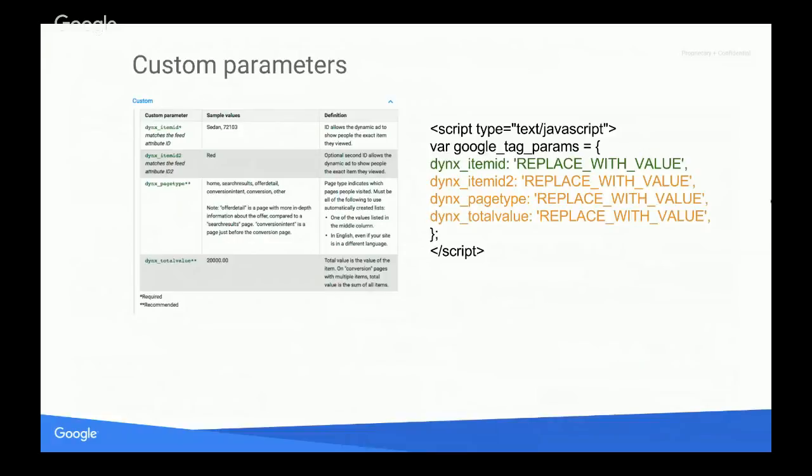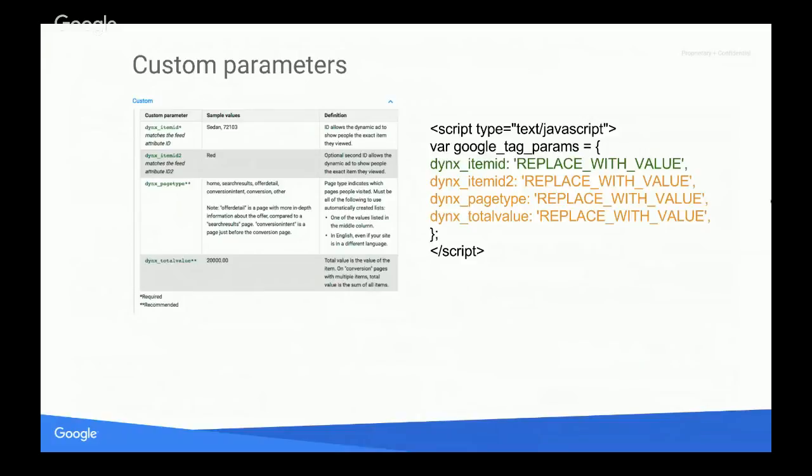Please bear in mind that the green parts that we highlighted are required parameters. So the item ID is required. The three other parameters are recommended, and we highly encourage you to use all of them: the item ID, the page type, and the total value, meaning the price of your product.